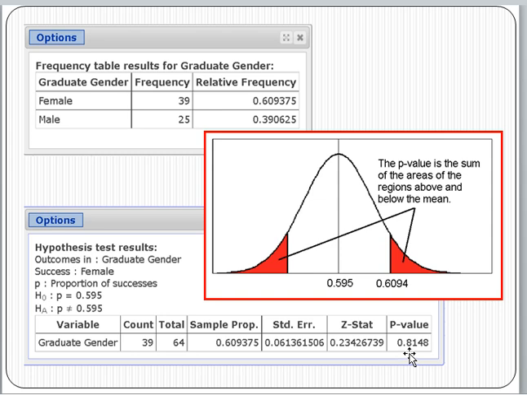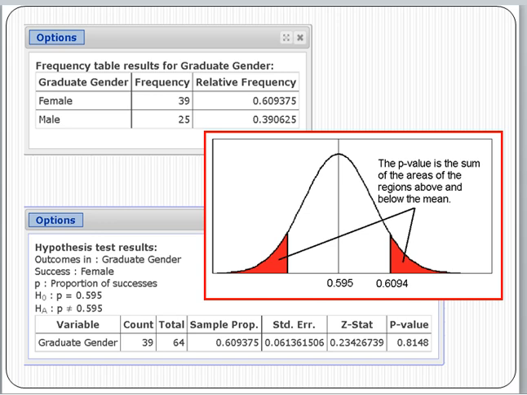That essentially says that if the percentage of graduates at NKU is 59.5%, then we found a sample proportion that is very common. This is a highly expected result if the proportion of graduates at NKU that are women is truly 59.5%.